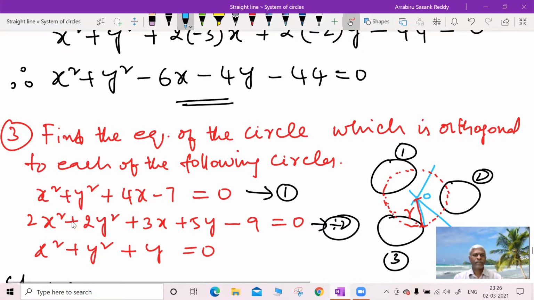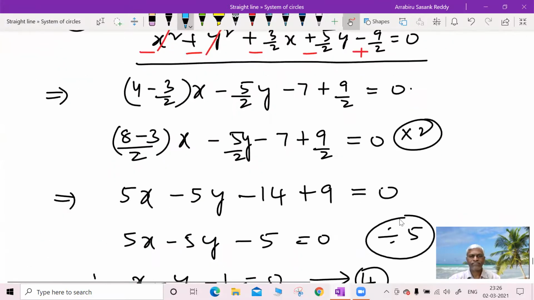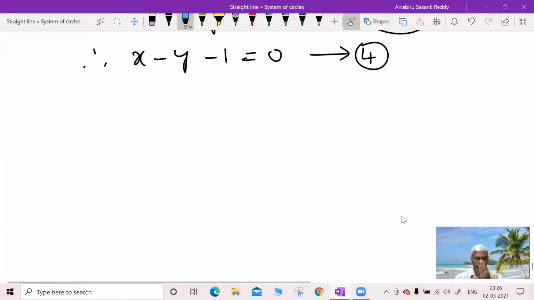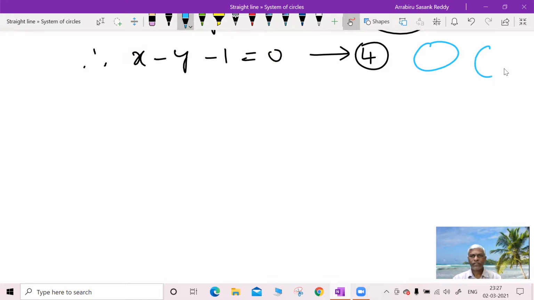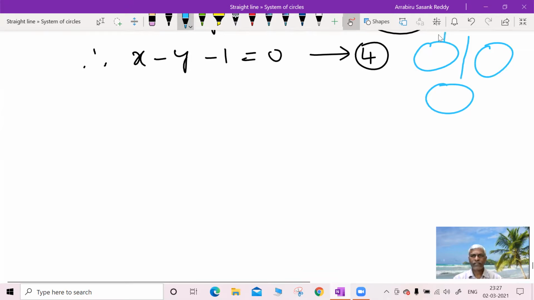The first equation and second equation are simple compared to the other. Now let us take the radical axis of 1 and 3 circles. So this is the radical axis of 1 and 2 circles.